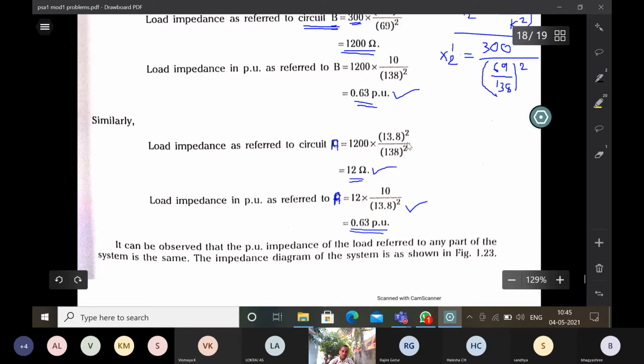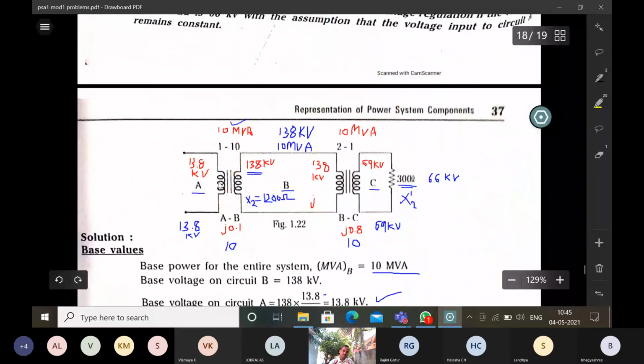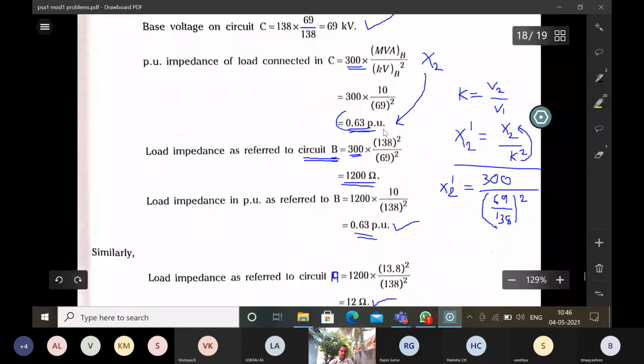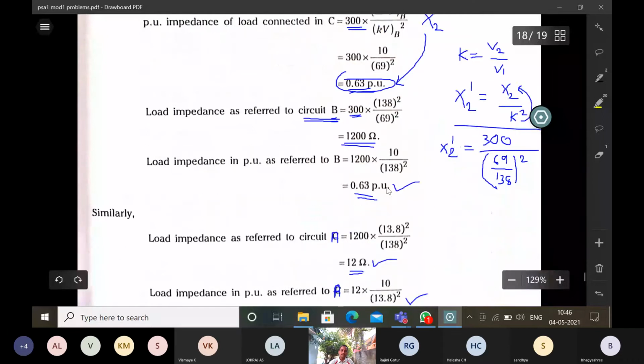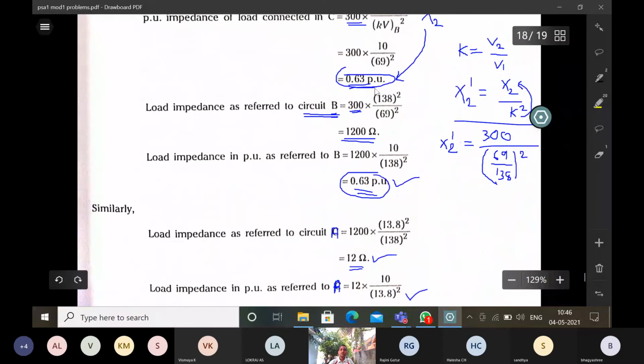Okay, you observe here in all the cases the per unit impedance in all the sections is the same, right? So 0.63 is the same in C section. In B section, per unit, not the ohmic value.